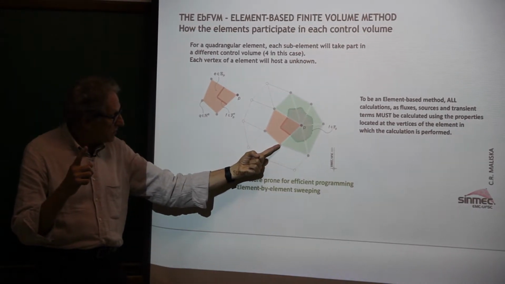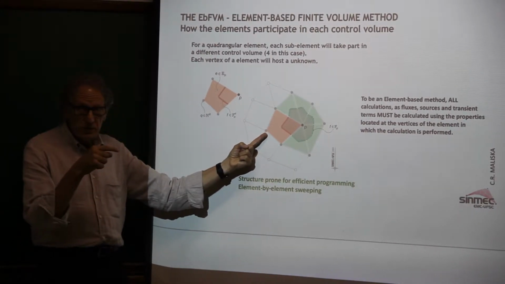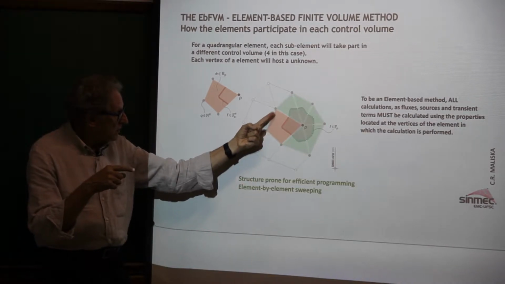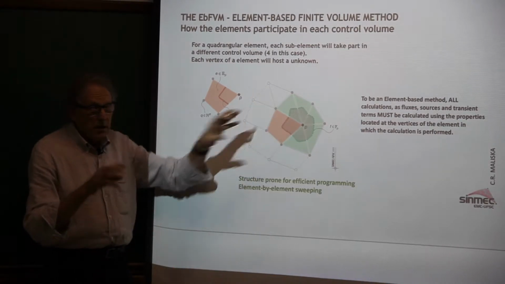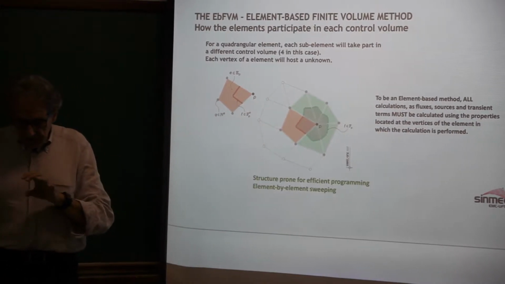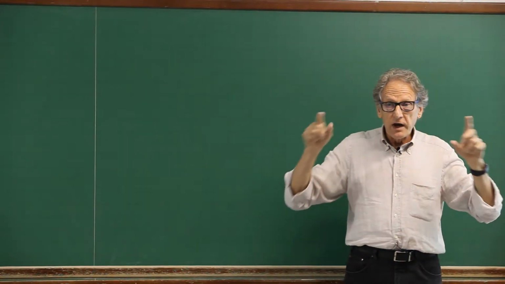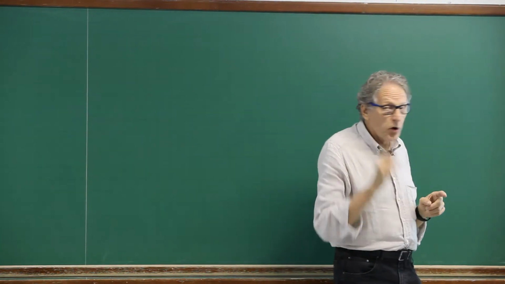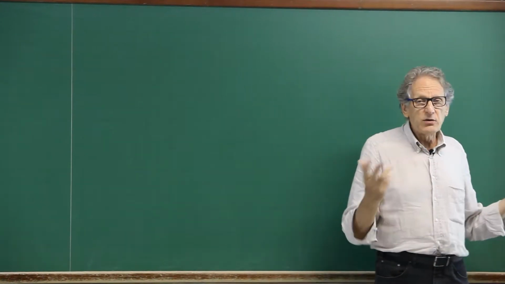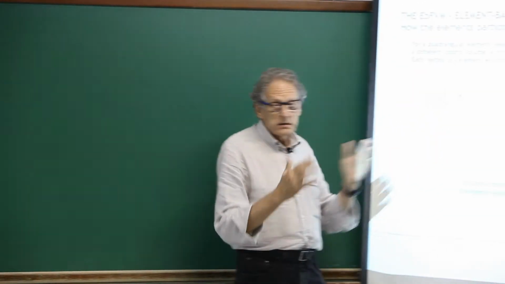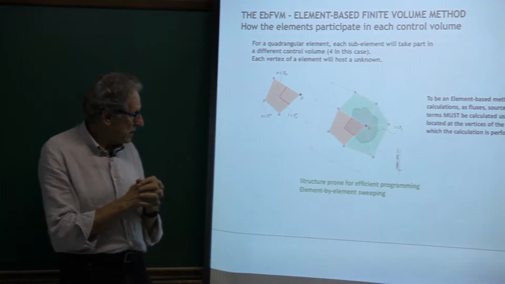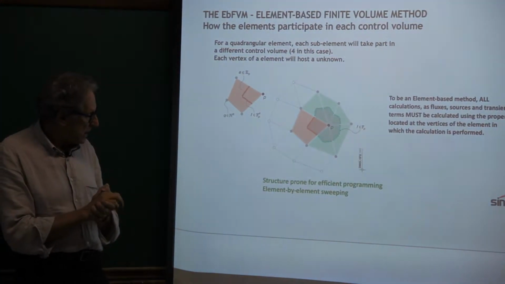This part for this control volume, whose node is here, this part for that and that part for that. So the element is split in parts which will feed the fluxes for different control volumes. If it's triangular, of course, there will be three. We're going to see that in a coming picture.